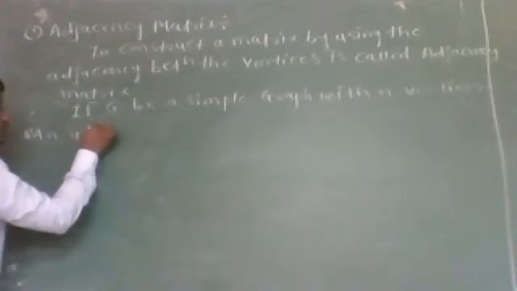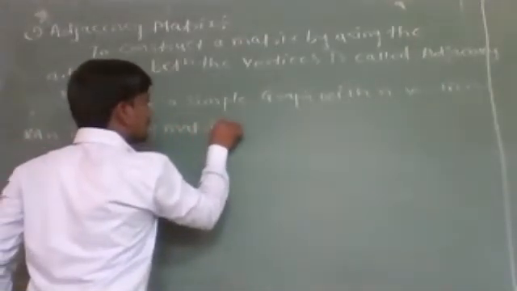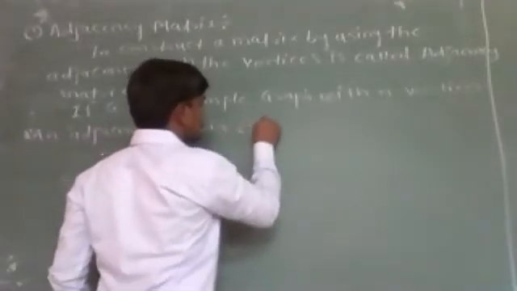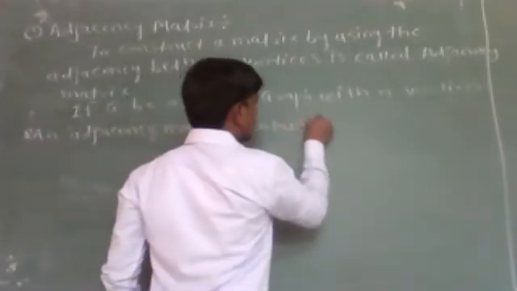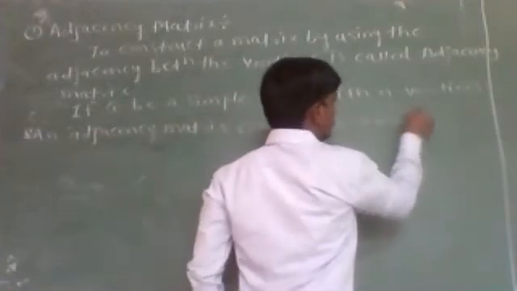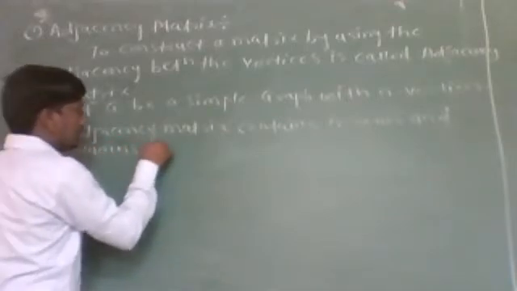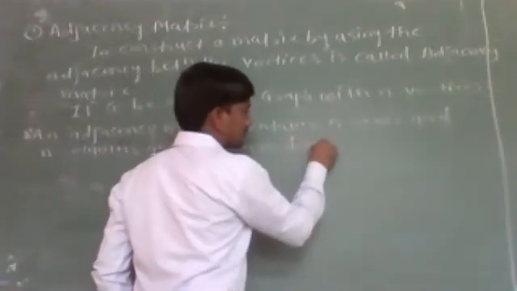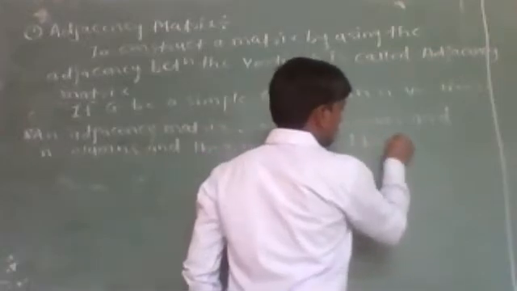An adjacency matrix contains n rows and n columns, and they are denoted by vertices.